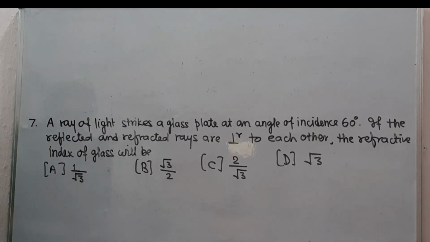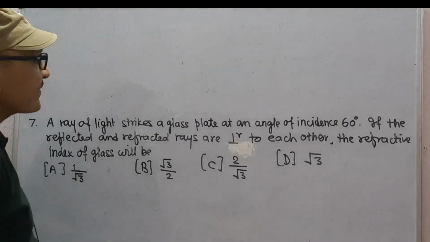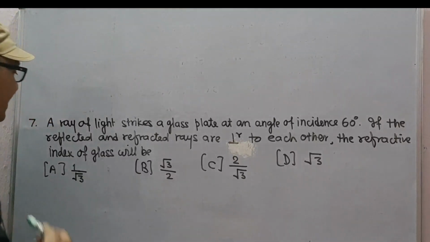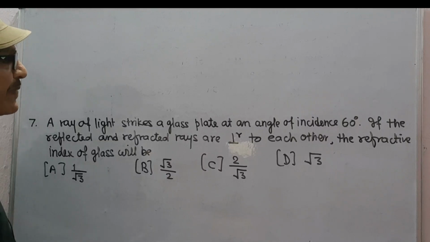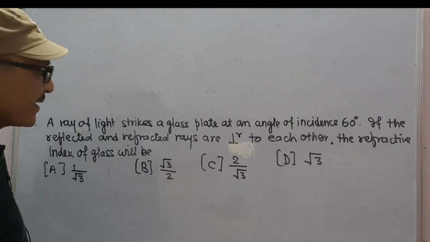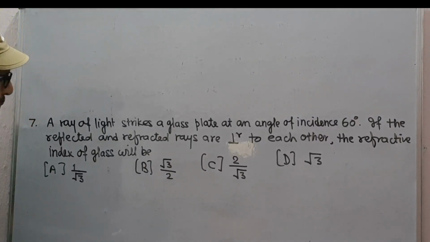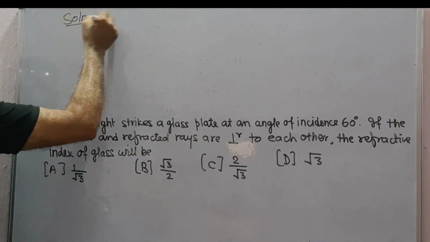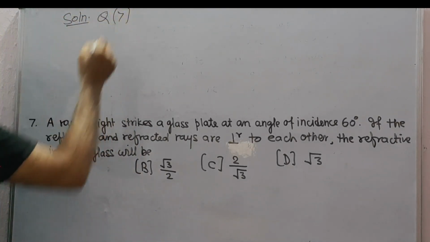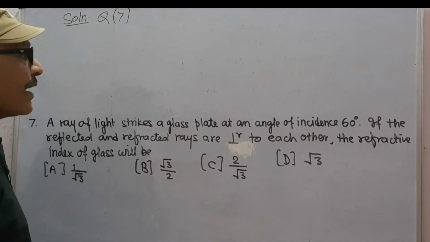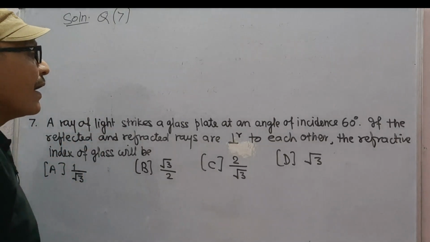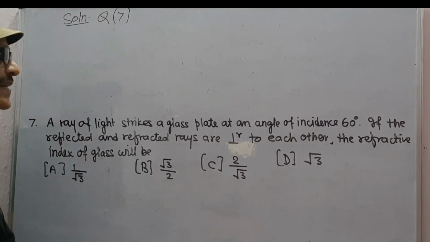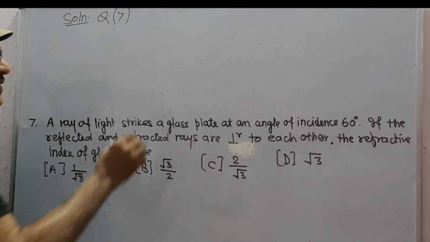Next question number 7. A ray of light strikes a glass plate at an angle of 60 degrees. If the reflected and refracted rays are perpendicular to each other, then the refractive index of glass will be? Solution to question 7. We know that at polarizing angle, the reflected and refracted rays are perpendicular to each other.